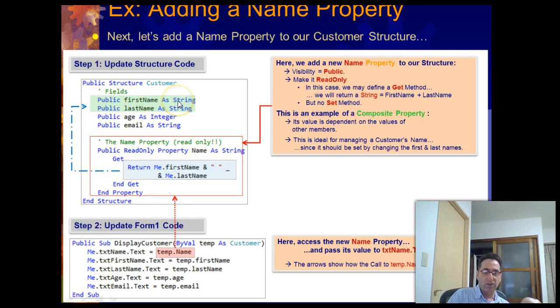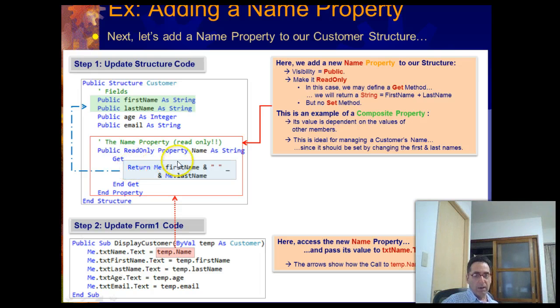So it's a little different declaration than here, right? This was just public first name as string. This is public read-only, that's a keyword that we can use. And then property name as string. So that's new, property. And if we do that, then we need to define a get method.